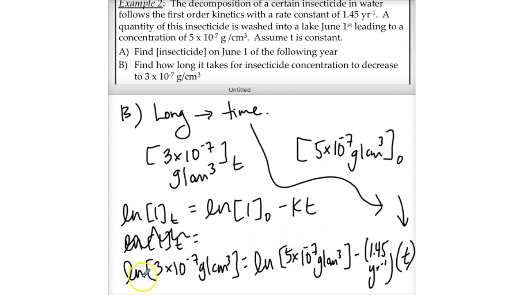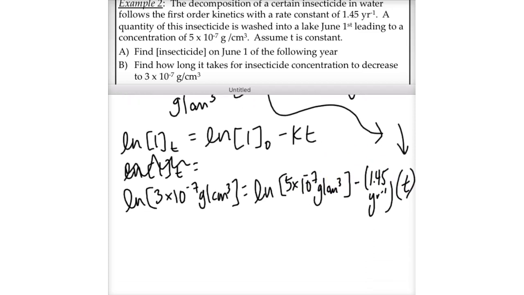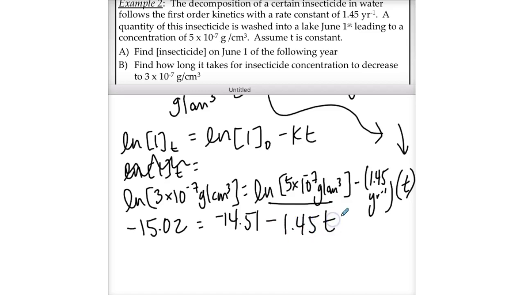So I'm going to plug this in the calculator, get a number, plug this in the calculator, get a number, and then use algebra to solve. So when I do this, I get negative 15.02 for this part is equal to negative 14.51 for this part minus 1.45 t.